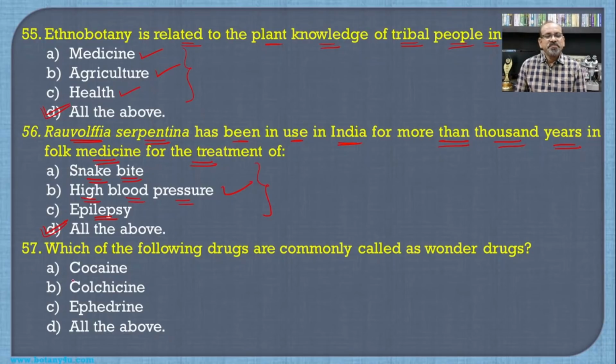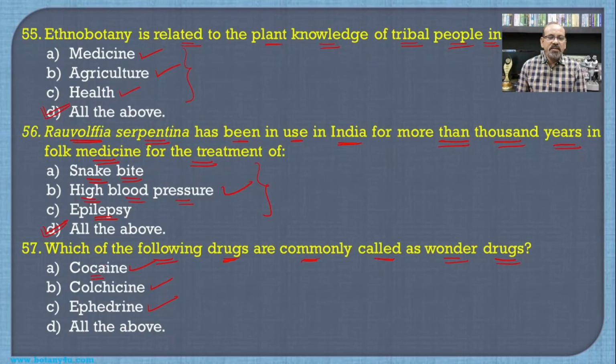Then which of the following drugs are commonly called wonder drugs? Wonder drugs are those which act directly on the nervous system of organisms. On the human being, cocaine, colchicine and ephedrine are responsible for different actions in the body, and they are known as wonder drugs.